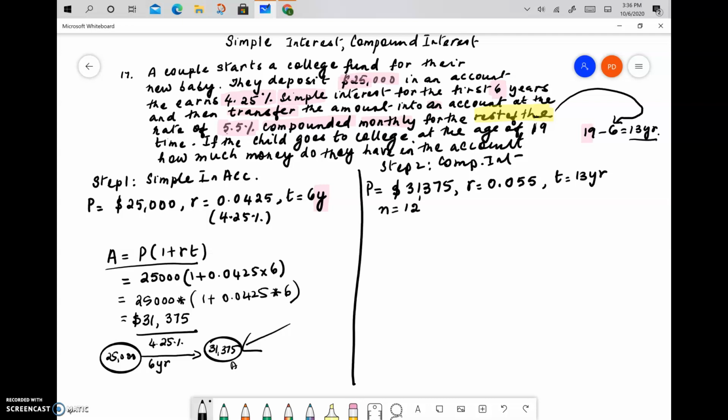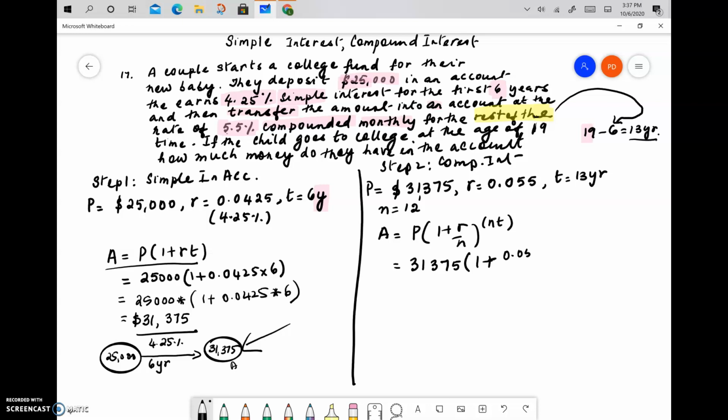So N equals 12. Now the formula for A for a compound interest account is A equals P times (1 plus R over N) to the power N times T. So make sure you're putting parentheses everywhere necessary, so that when you enter it into your calculator, you will not make mistakes. So we are substituting all the numbers into the formula.